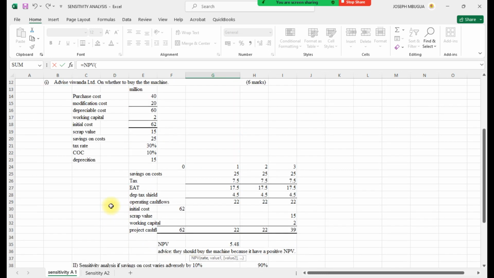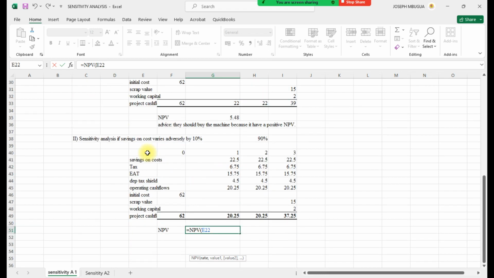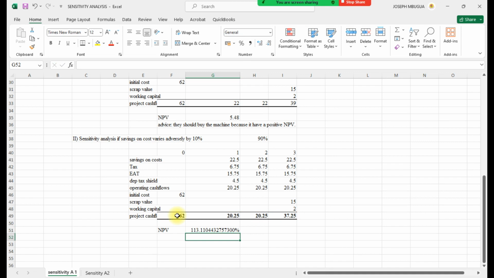The rate remains the cost of capital of 10%, that one remains, and our cash flows, the 3 of them, will remain, and we minus our initial, which is 62.